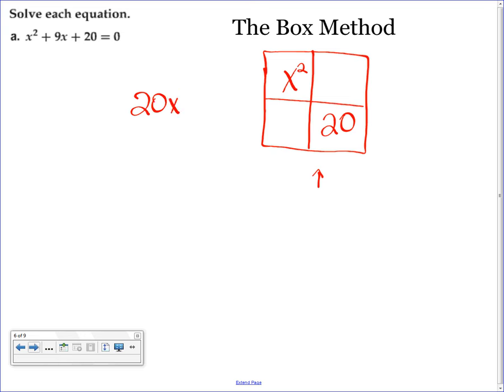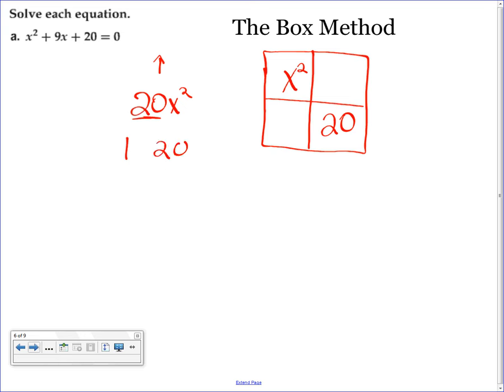All right? Next, I now need to think of two numbers that multiply to give me 20, while at the same time add to give me 9. Now, think about this. 1 times 20 is 20.